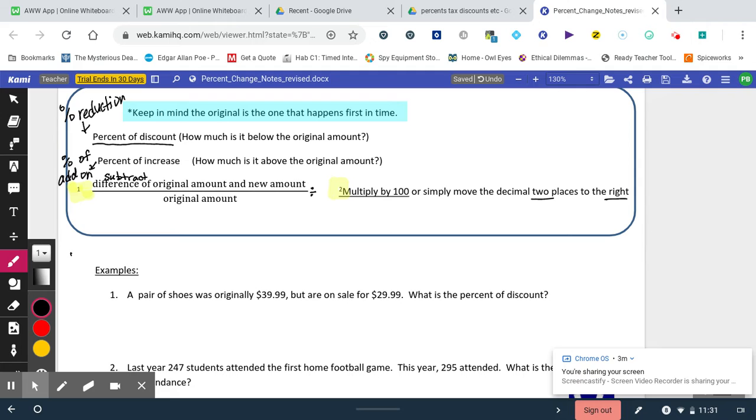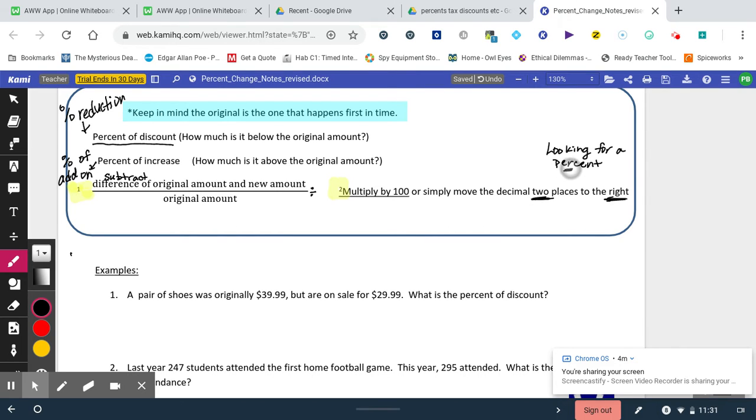We're looking for a percent of discount or a percent of increase. So we're looking for a percent. So after you follow step 1, make sure you move it 2 places to the right.